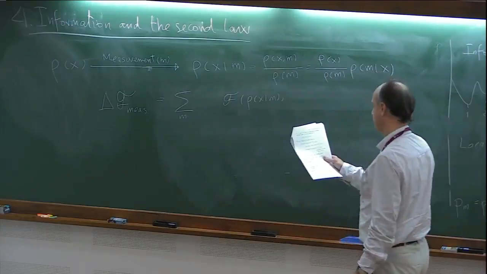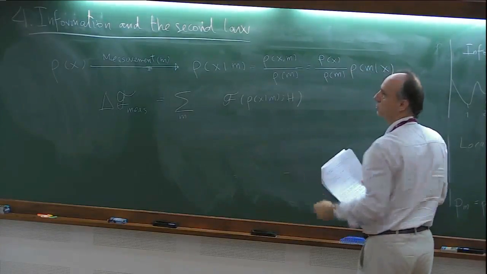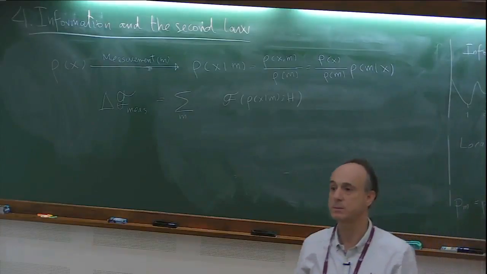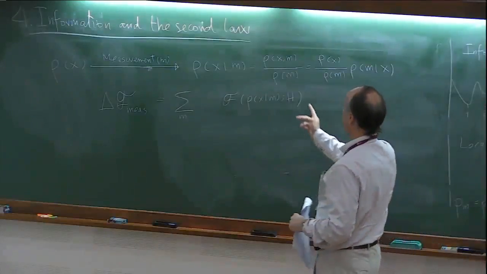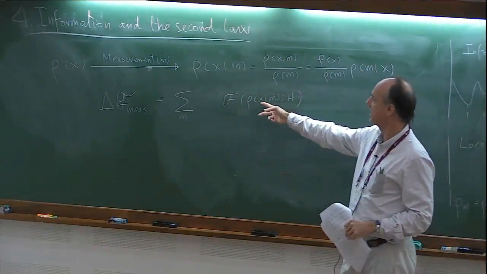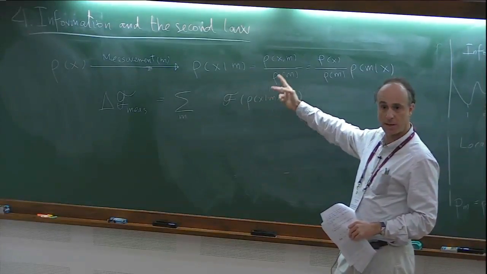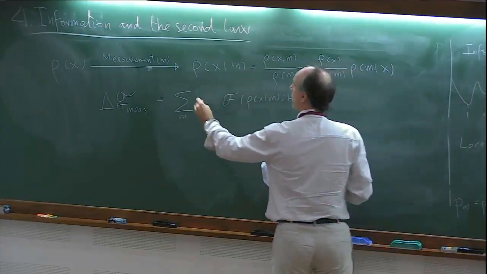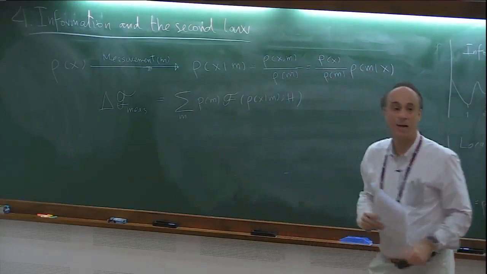We can assume that the Hamiltonian is the same before and after the measurement. As we discussed before, you have some interaction between the system and the measurement device, but before and after the measurement, the Hamiltonian is a given one, H. So this will be the free energy of my system after the measurement, if the outcome is m, and now I can average, because we can also study specific values for m, but first we are interested in the averages.